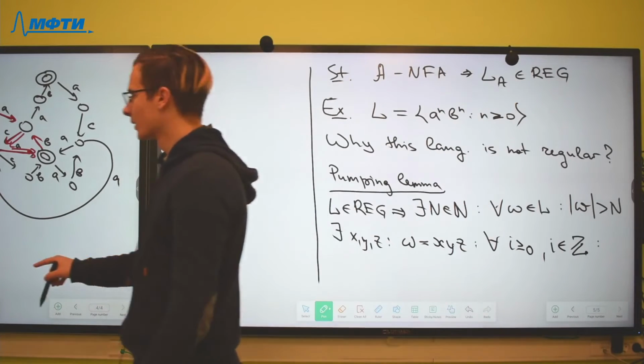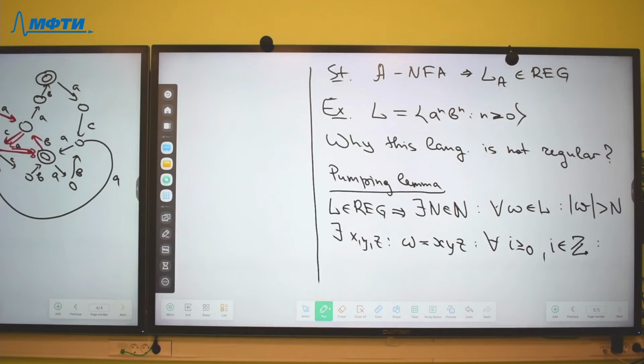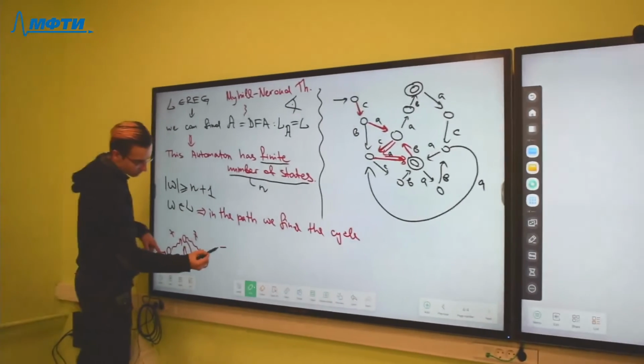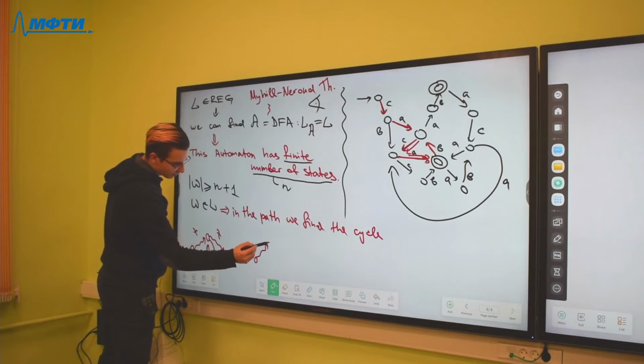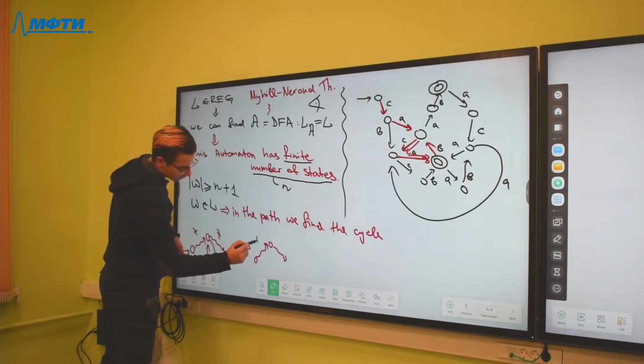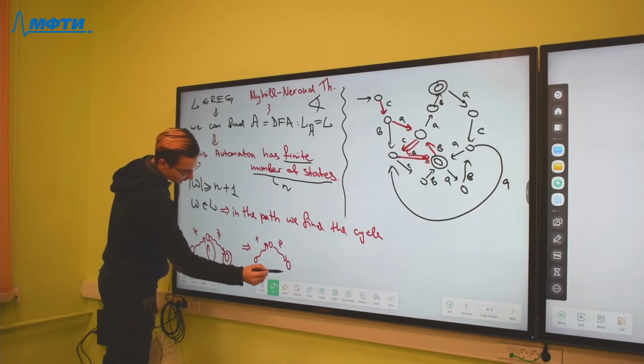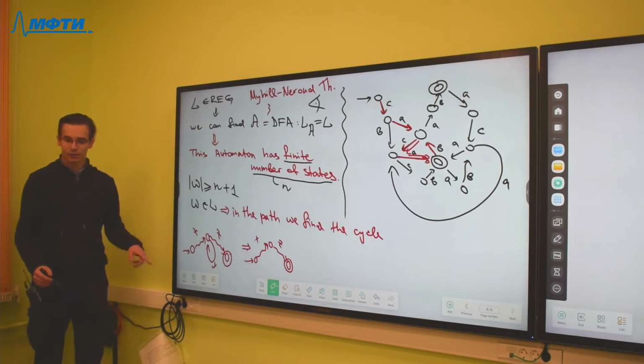what is interesting? We can find the path, for example, from the initial point to the finish point.